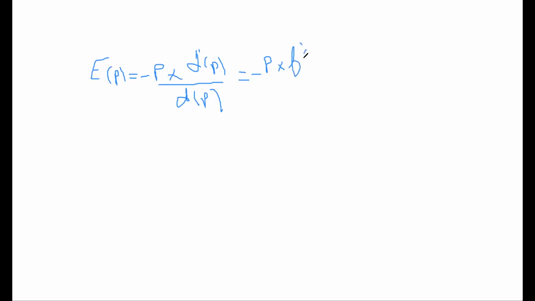Elasticity E of P equals minus P times the derivative of the demand, which is D prime P over dP. So equals minus P times f prime of p over f(p).